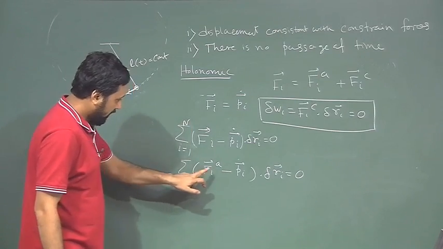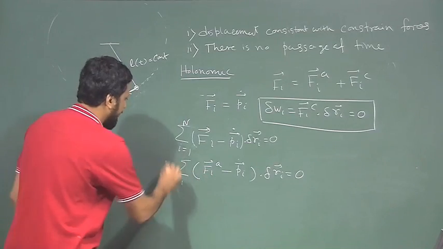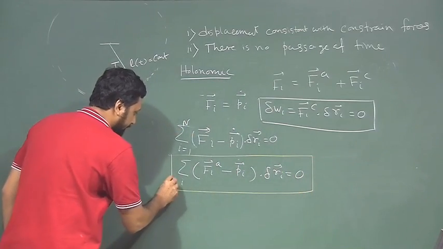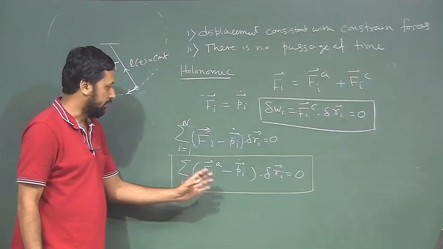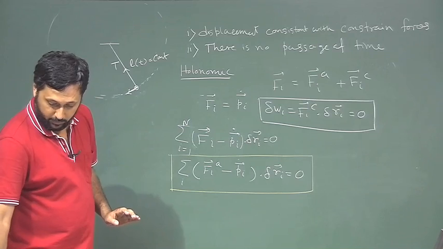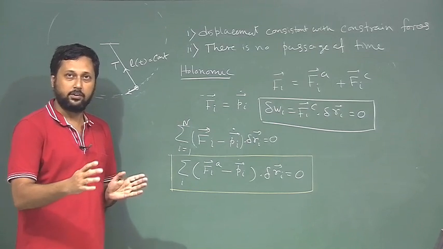So, this is a relation which is a different form of Newtonian equation itself. Please remember, we always have to start from Newtonian equation, not that we are developing a new physics altogether.